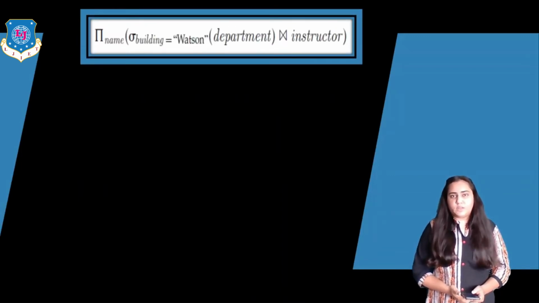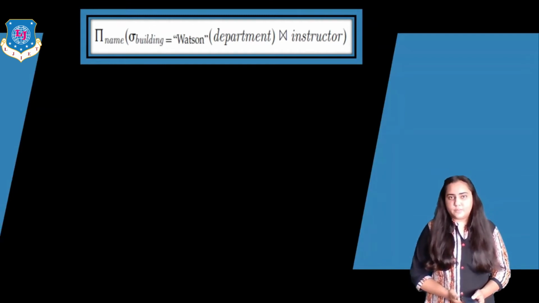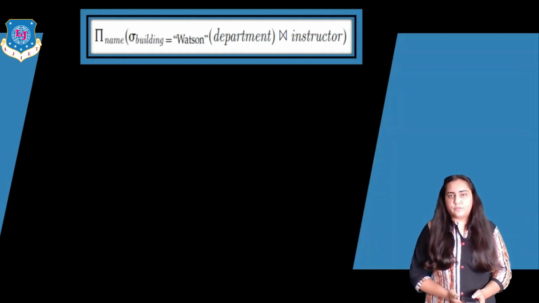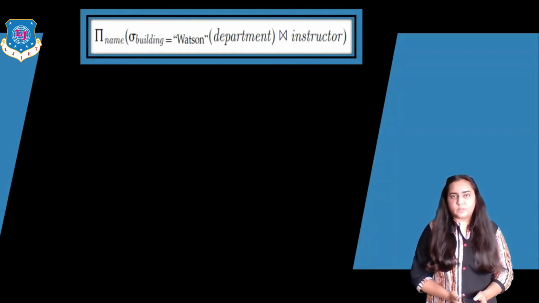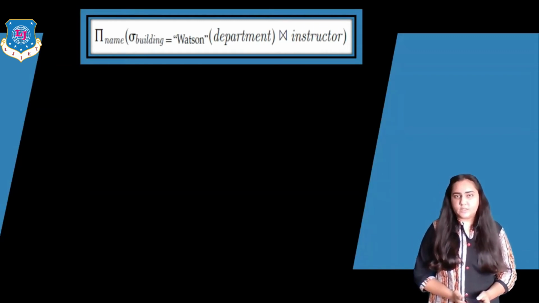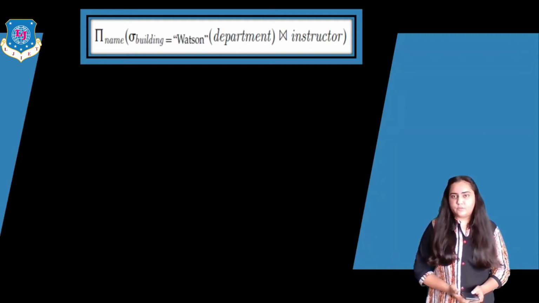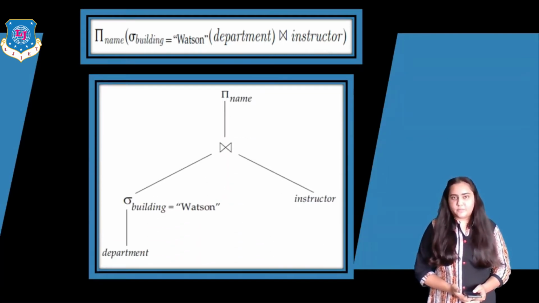If you have a query like this, where you are trying to find out, first of all, the departments which are present in the building Watson, and taking a natural join of that with instructor, and then taking out the names from there. If this is the type of query you want, you can convert it into an operator tree in this manner.